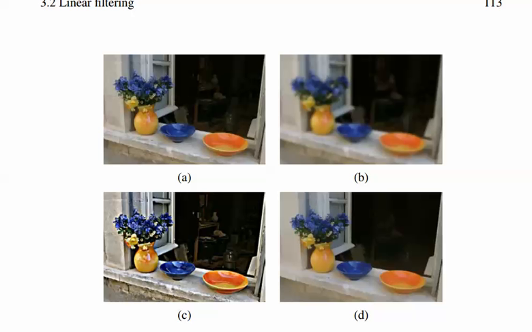So A represents the original image, B is the blurred image, C is the sharpened one, and D is the one that presents the edges. This is just an example of the results that we get when we apply the filters.